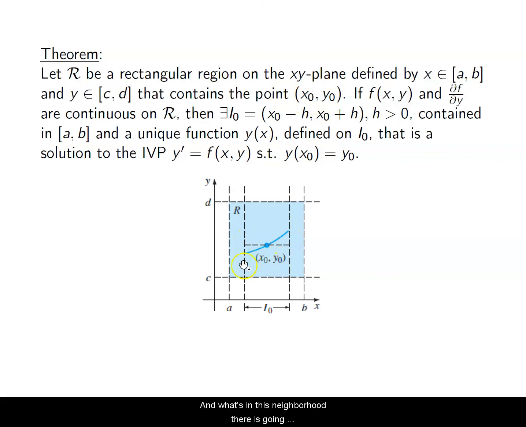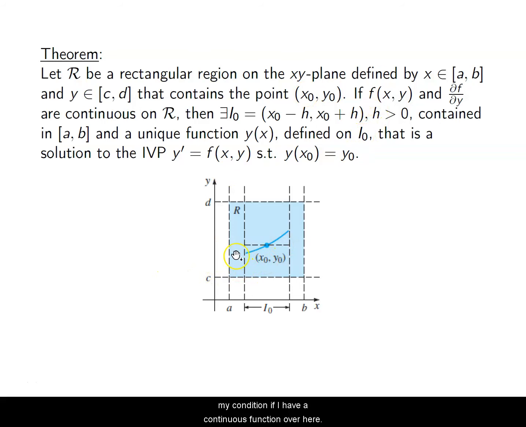Within this neighborhood, there is going to be a unique function, defined on this interval. Now, this function is unique only if the function that I'm looking at is continuous over this region and its first partial derivative in terms of y is also continuous. So that is my condition.